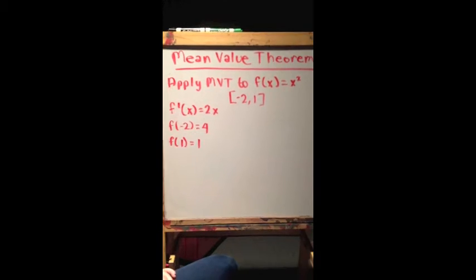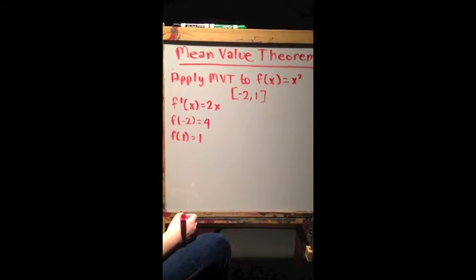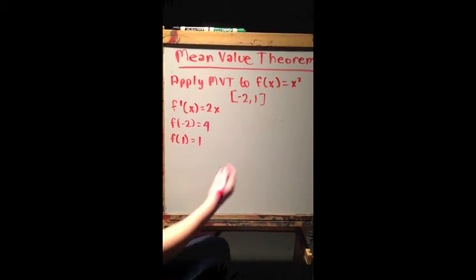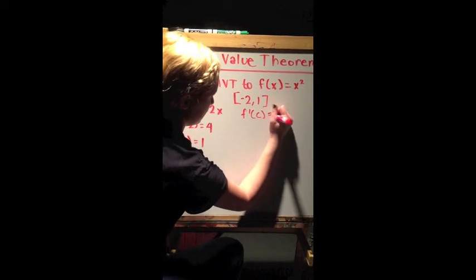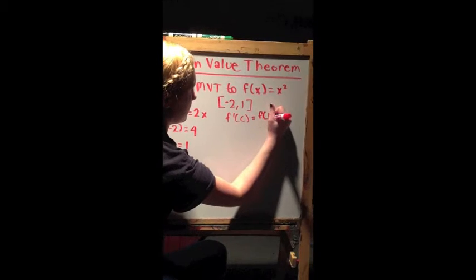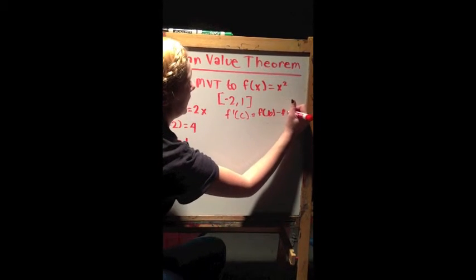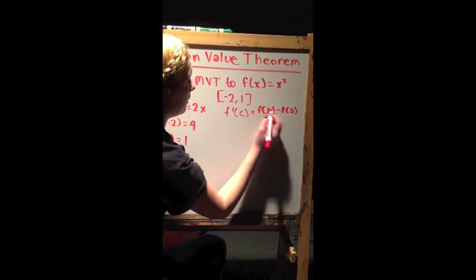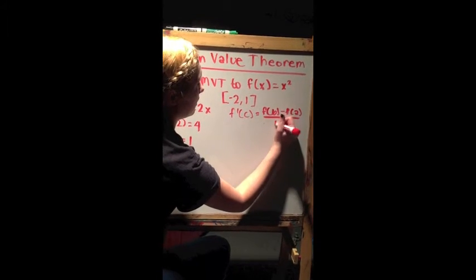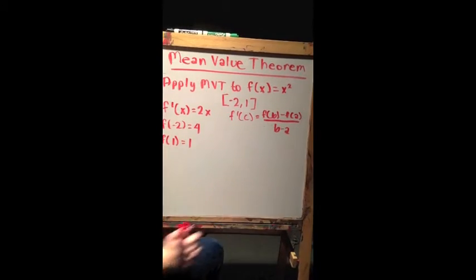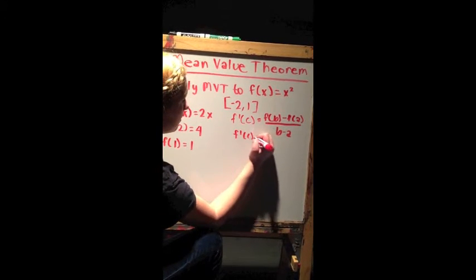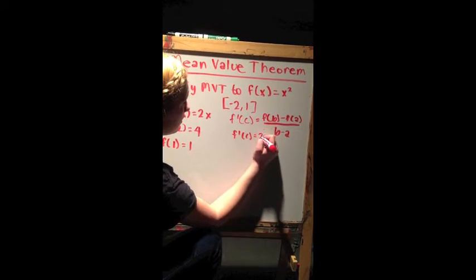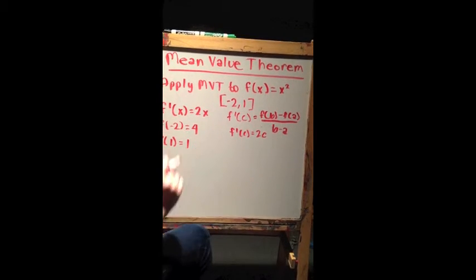Next, you take f prime of c equals f of b minus f of a all over b minus a. So your f prime of c would be 2x when substituting the x as c, so 2c.